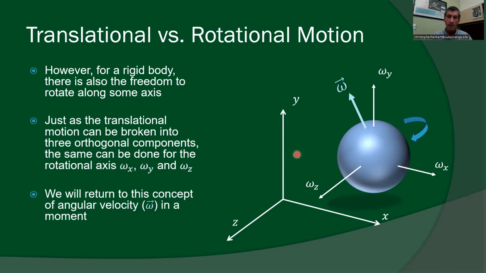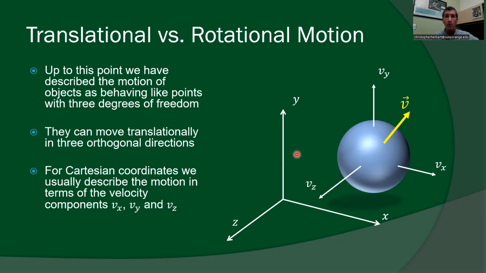Now, when we talked about our motion in terms of translation, we used the symbol v. We had our velocity using Cartesian coordinates that could be broken into three different orthogonal components, vx, vy, vz, and we could describe its motion completely in terms of what these different components were at any time.